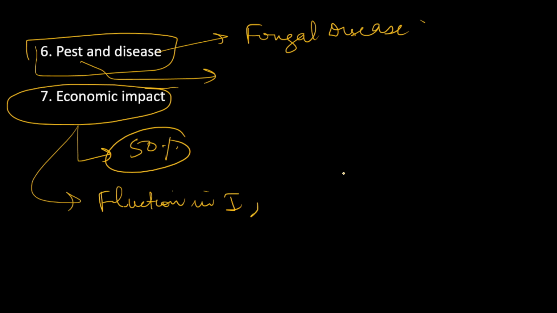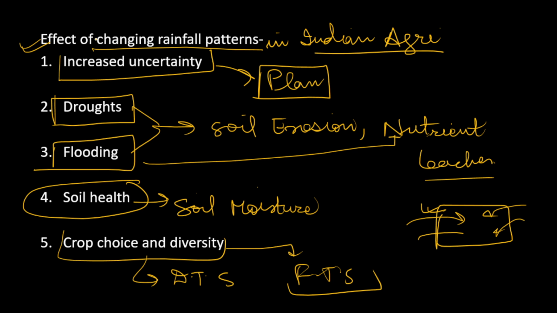There will be a problem of food security, and that will impact overall agricultural productivity, especially in India. So these were the factors which are dependent on rainfall, and these are the problems which Indian agriculture is going to face due to changing rainfall patterns.